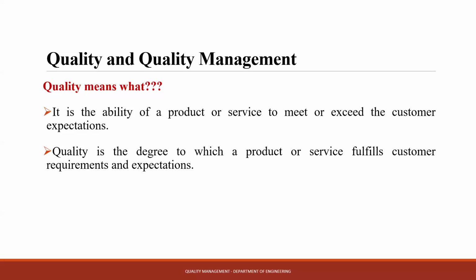If the mobile phone you bought from a shop does not meet the requirements you have, then we will say that it is not a good quality one, that it is a poor quality product. So that is how we define quality in our view, right?